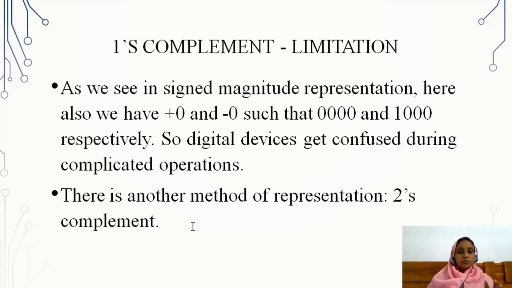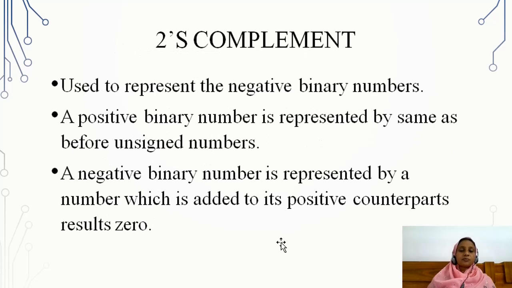Now we implement another method to overcome these difficulties. This method is called the two's complement method. It is used to represent negative binary numbers.